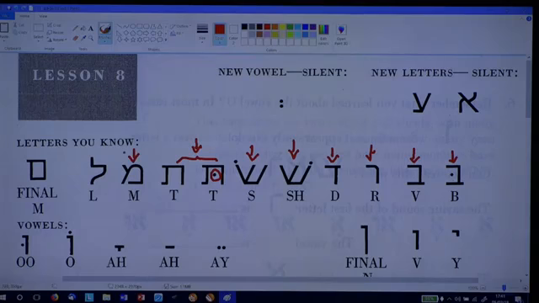This letter is a mem, M-E-M, and if it's at the end of a word, we have the final letter called a mem sofit, or final mem.